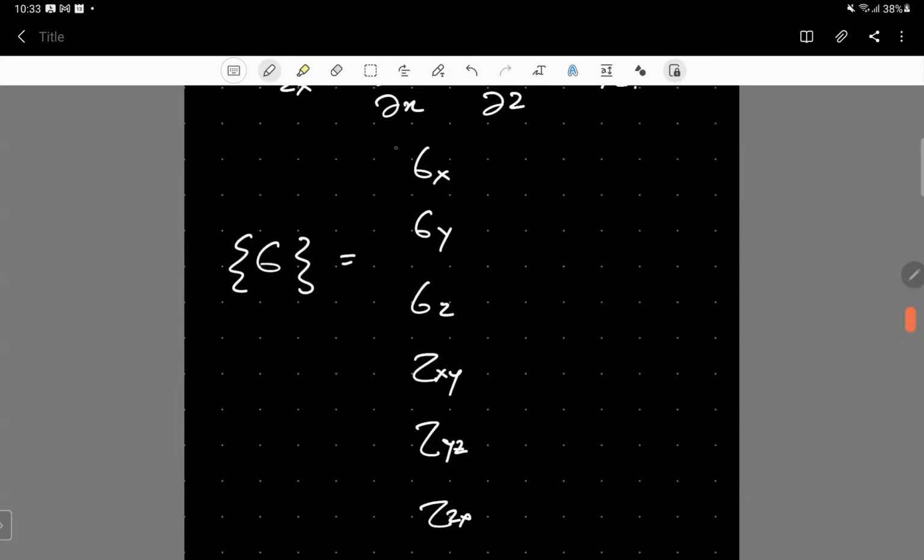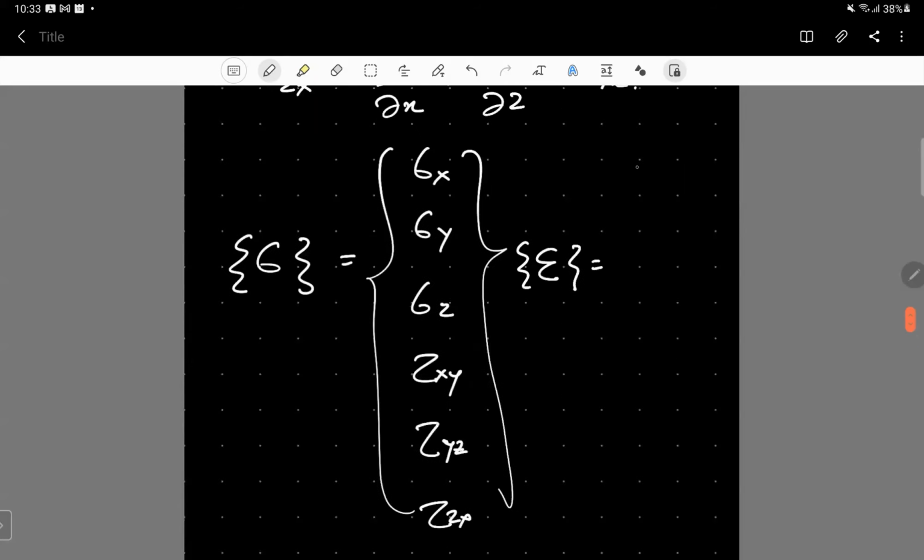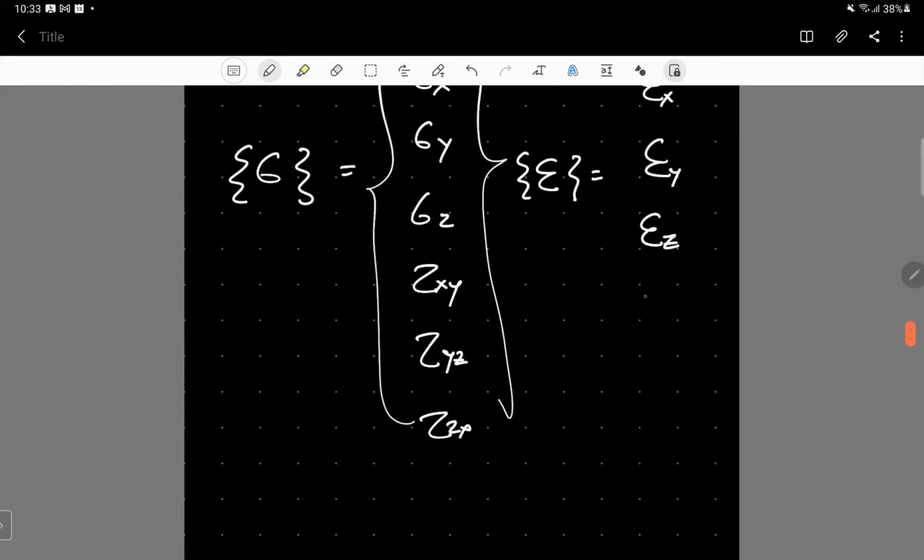This is the column stress matrix, and the corresponding strain matrix would be the strains in the X direction, the Y direction, the strain in the Z direction, the shear strain along the XY plane, YZ plane, and the shear strain along the ZX plane.